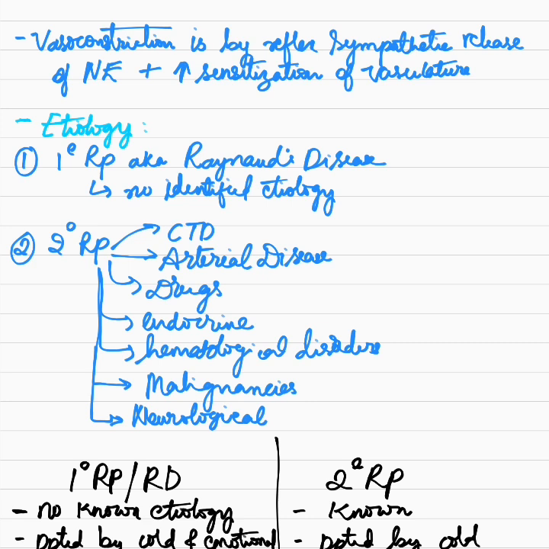It can be associated with drugs and toxic agents such as beta blockers, ergot derivatives, bleomycin, cyclosporin, or it can be due to some endocrine disorders such as hypothyroidism, carcinoid syndrome, pheochromocytoma, or it can be because of some hematological disorders such as polycythemia vera, cold agglutinin disease, cryoglobulinemia. It can be associated with malignancies such as myeloproliferative and lymphoproliferative disorders, or it can be associated with neurological disorders such as carpal tunnel syndrome, hemiplegia, multiple sclerosis, and poliomyelitis.